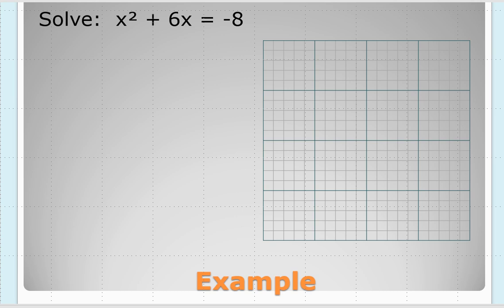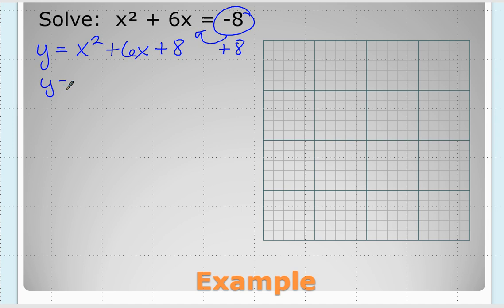So this is not in standard form or vertex form or intercept form. So I need to make it into that form. So this negative 8 needs to get moved over. In order to do that, I have to add 8. So I'm going to have y equals x squared plus 6x plus 8. Now it's in standard form.